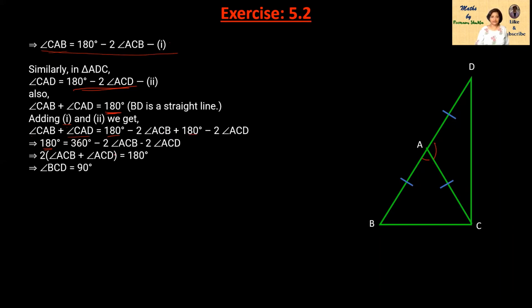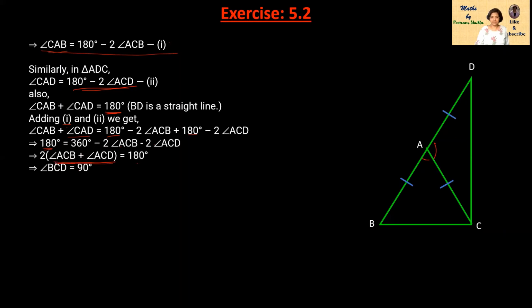Taking these two terms to this side and simplifying, we get twice angle ACB plus angle ACD equals 360 minus 180, so this becomes 180 degrees.